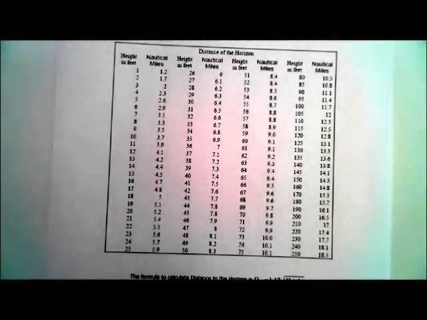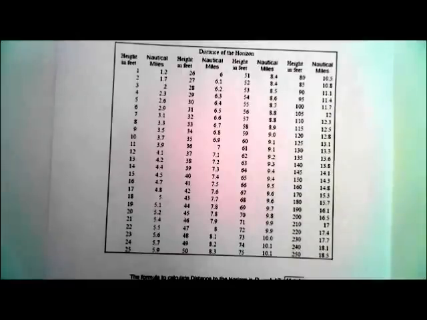And I'll read a problem here. First problem says, what's the geographic range of a light that is 25 feet tall and your height of eye is 30 feet? So we just need the height of your eye and the height of the object.